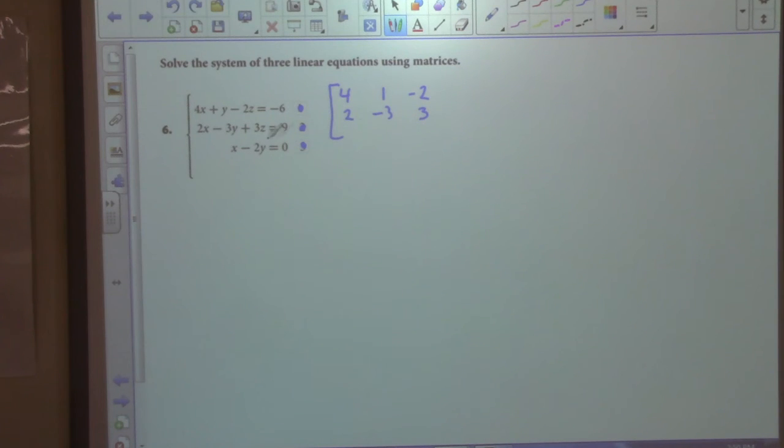And finally, this bottom row is going to be 1x, negative 2y, plus 0z. And this is going to be equal to what we call a 1 by 3 matrix of negative 6, 9, 0. And this is called a matrix equation.